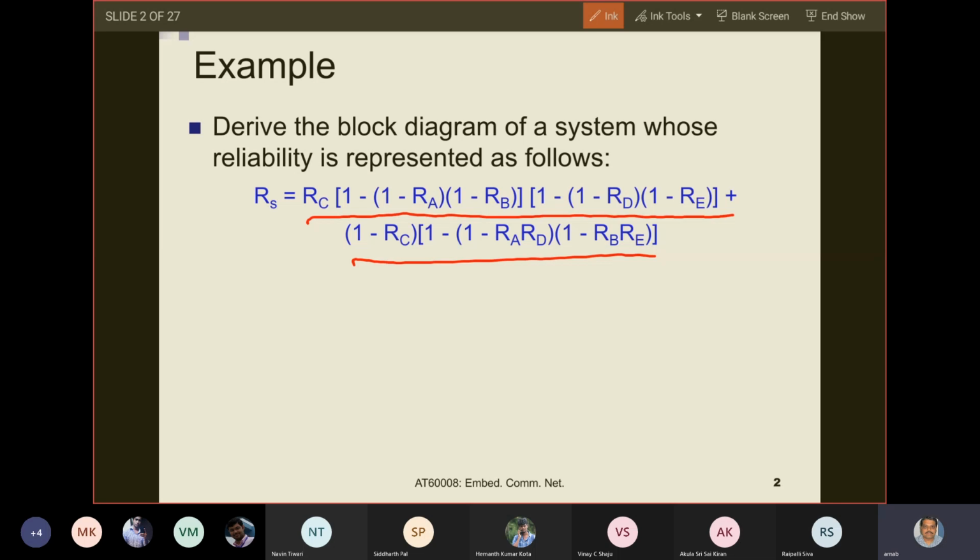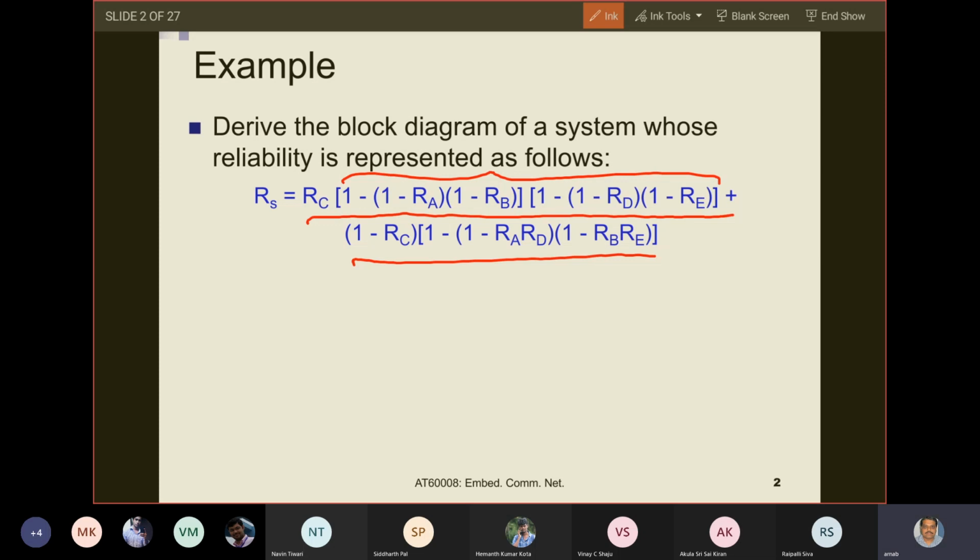My point, see. When RC is working, given that RC is working, this is the probability. What you are saying is correct: the brace that I have drawn above is for the case when RC is certainly working, but RC is not certainly working.